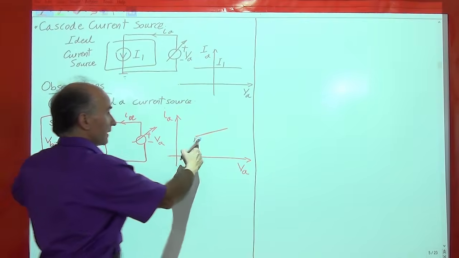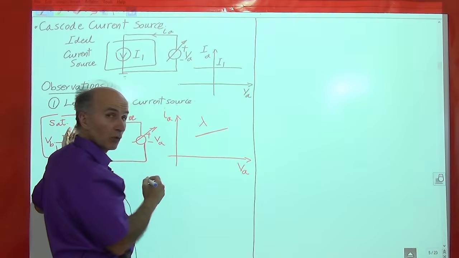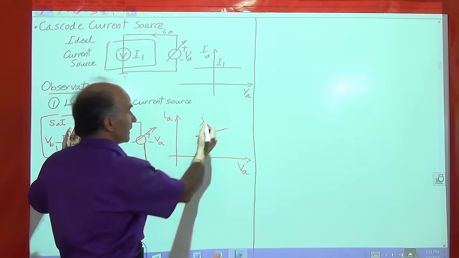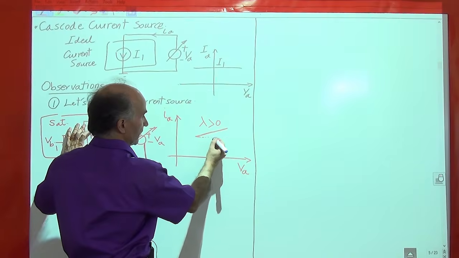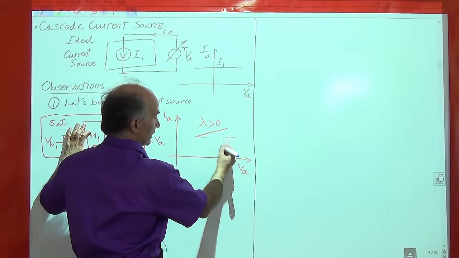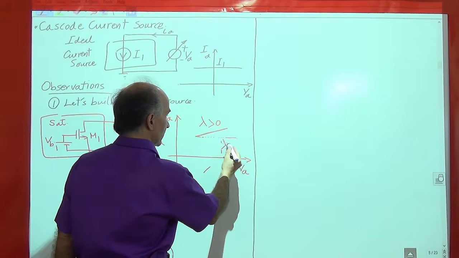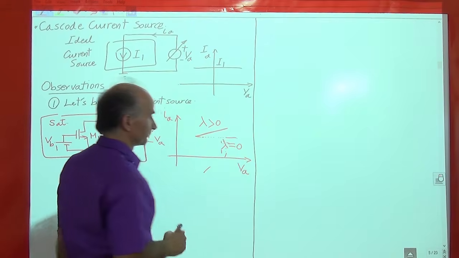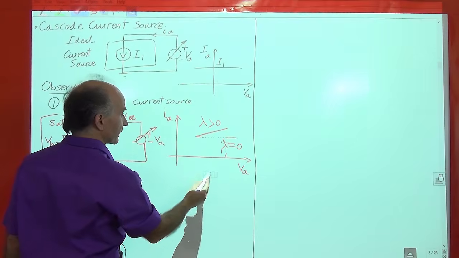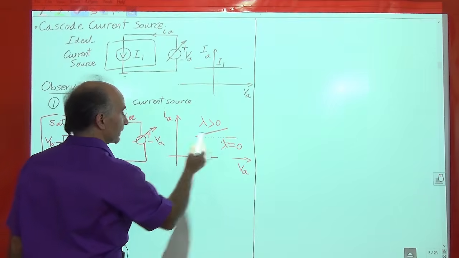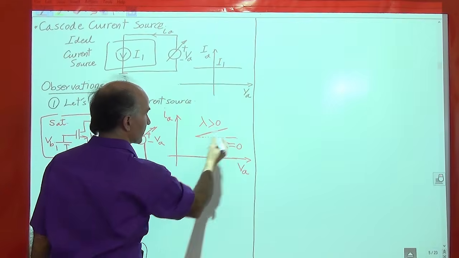And that's the result of channel length modulation, which means the channel length modulation coefficient, lambda, is not 0. Okay, if it were 0, we would have this. Now that it's not 0, we have that. Lambda equals 0. Okay, so then that tells us that we have this situation for when channel length modulation is present.